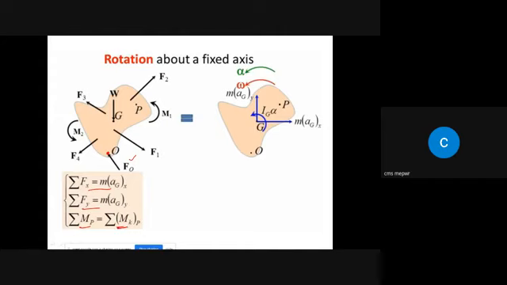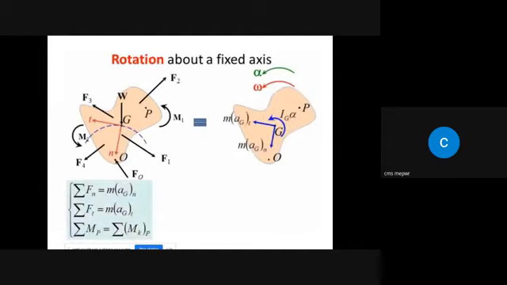If you want to draw its kinetic diagram, then in the kinetic diagram we will basically replace the applied forces with the inertia force, and the applied couple with the inertia couple moment. So here is the corresponding kinetic diagram.